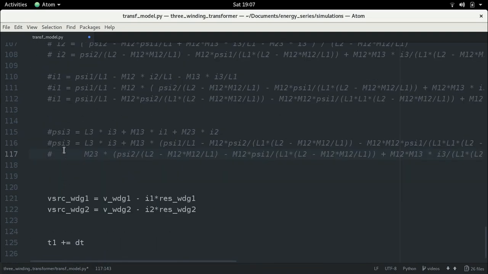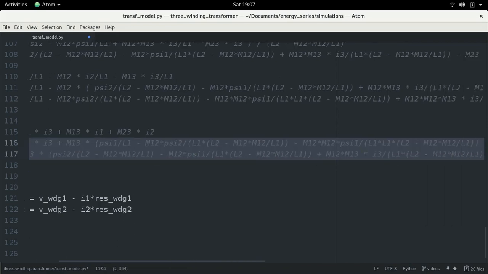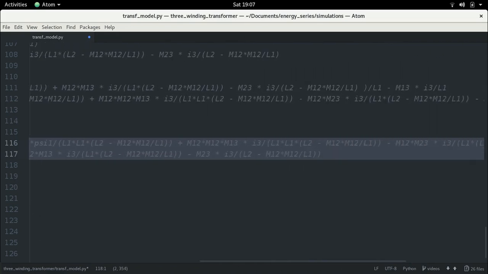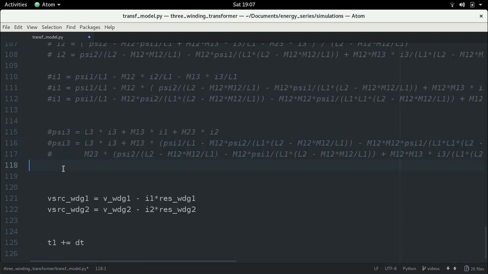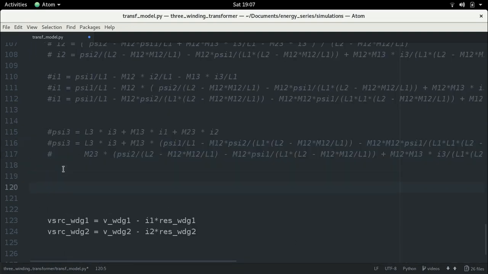This is our expression of the flux linkage of winding 3 only with respect to the current in winding 3, and of course the flux linkages in the other windings as well, right? So what are we going to do? Here we need to again do a little bit of simplification because we need to calculate again. So let's go back here, copy this whole thing and bring it here.